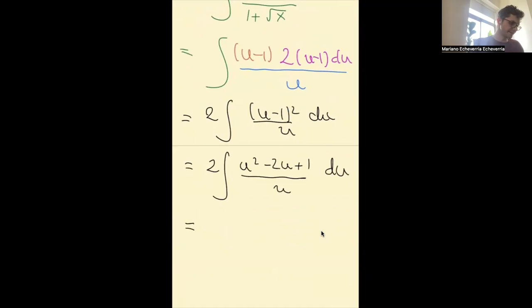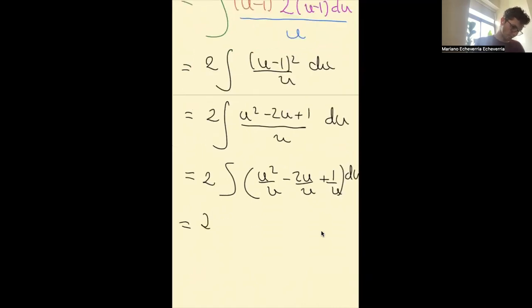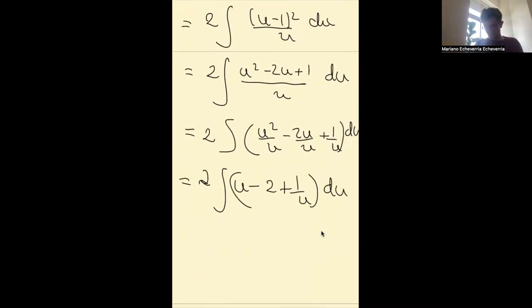And then you should break this one into pieces. Now each piece is easy to integrate.